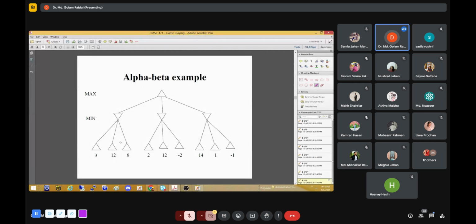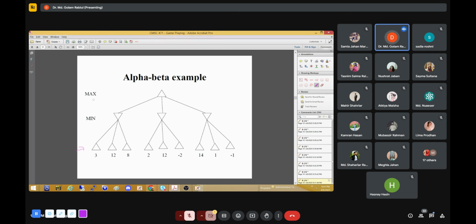So let's say this is the search tree, and these are the terminal nodes. The evaluation function values are 3, 12, 8, 2, 12, -2, 14, 1, and -1. In alpha beta pruning, we have to initialize.